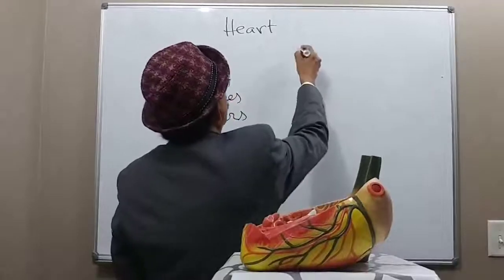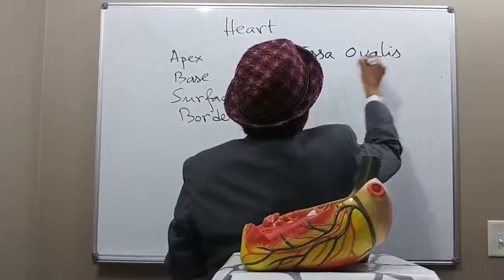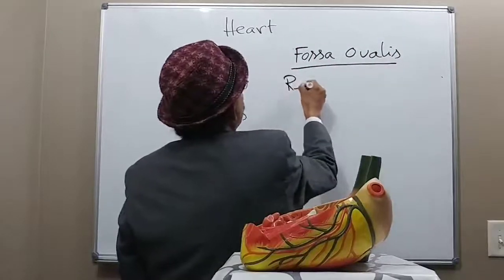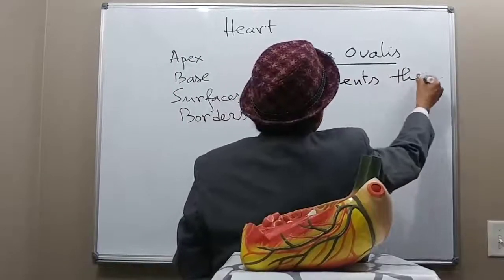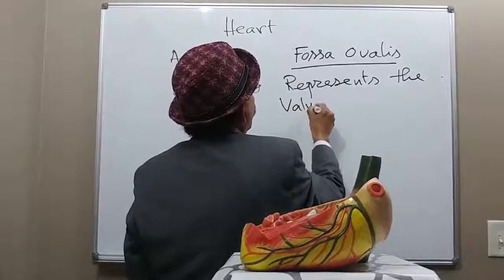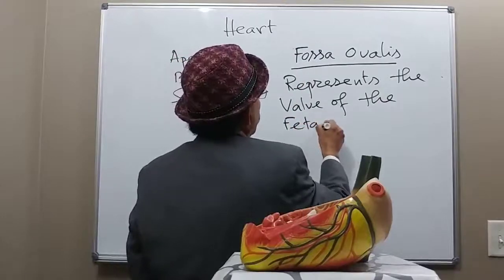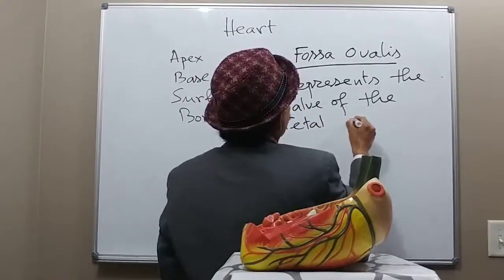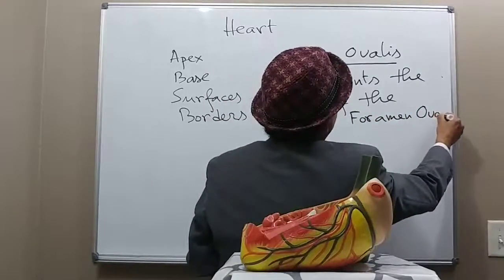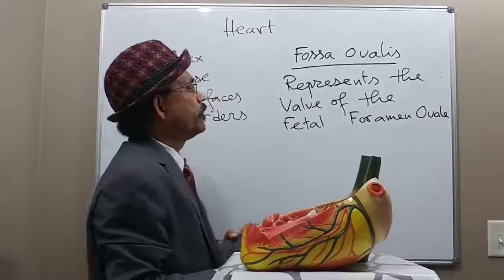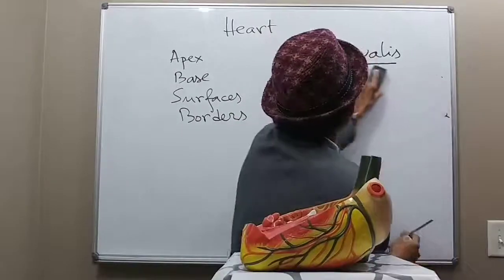Okay, so fossa ovalis represents the valve of the fetal foramen ovale, and it has a margin.